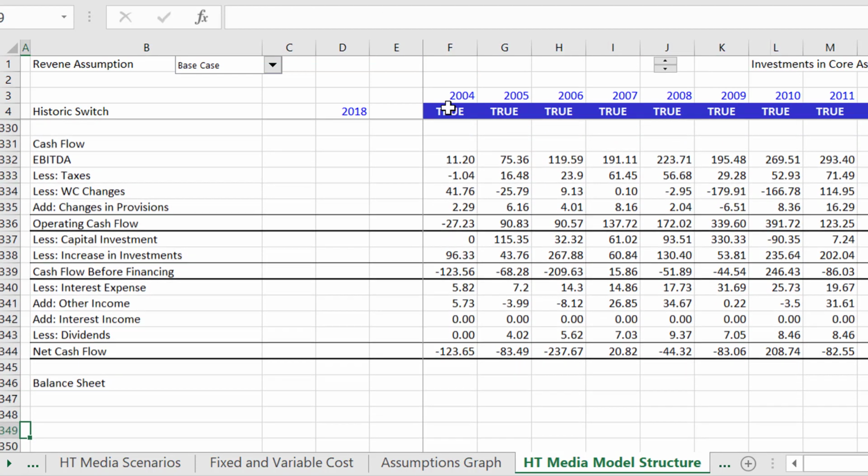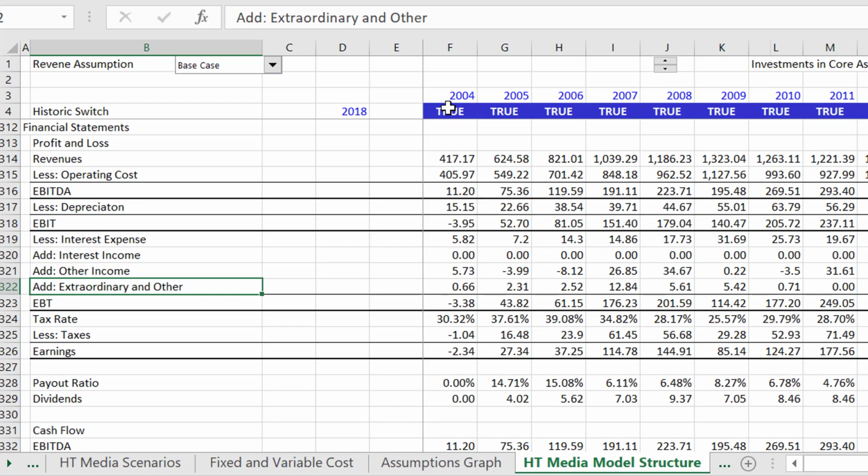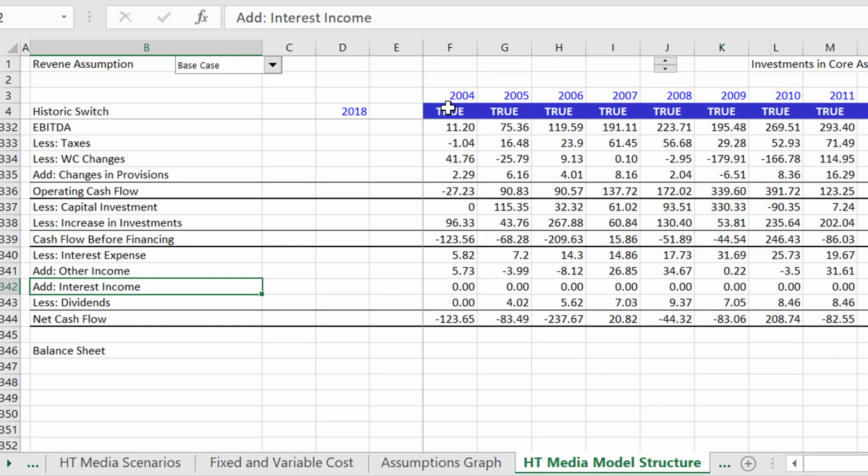Okay, and we'll put in all the balance sheet items with one big exception, the equity balance, which should already be in the model.